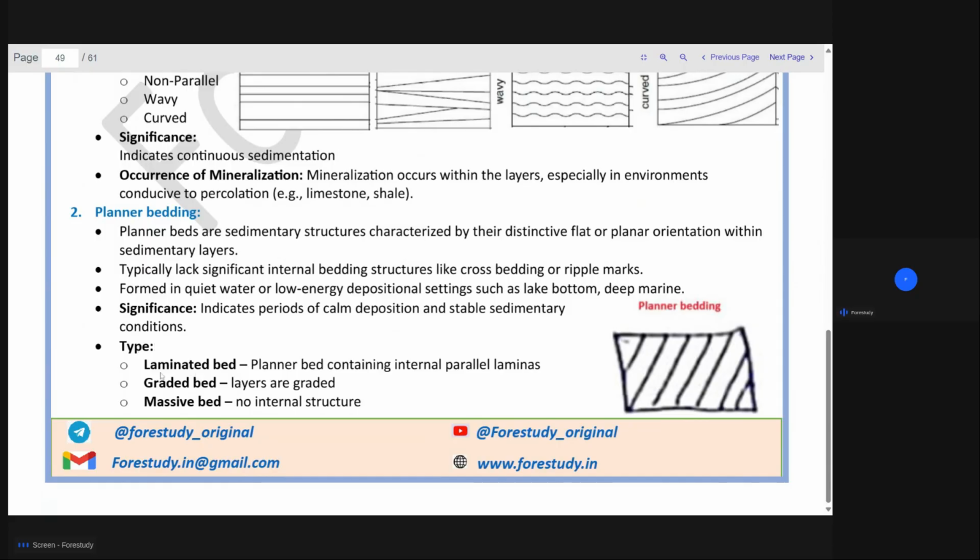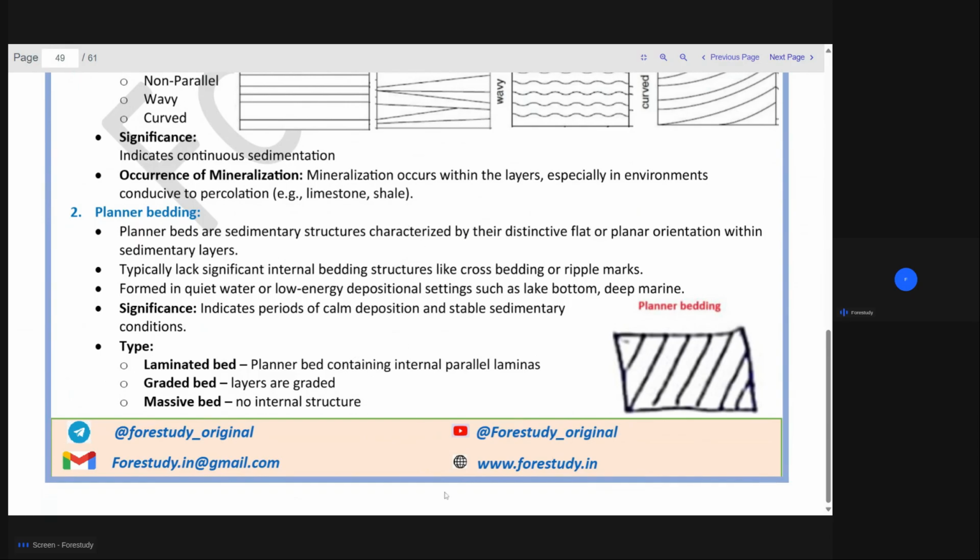So we have the types: laminated bed, graded bed, and massive bed. Lamination means planar beds containing internal parallel laminas. Graded bedding means the layers are graded. It can be coarse grain at the bottom to fine grain at the top, which is called normal grading: coarse grain at the bottom, then medium grain, then finer grain at the top.